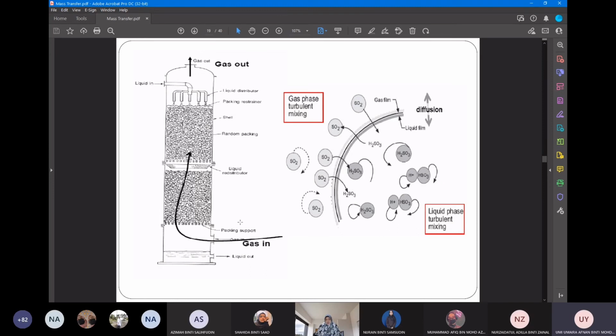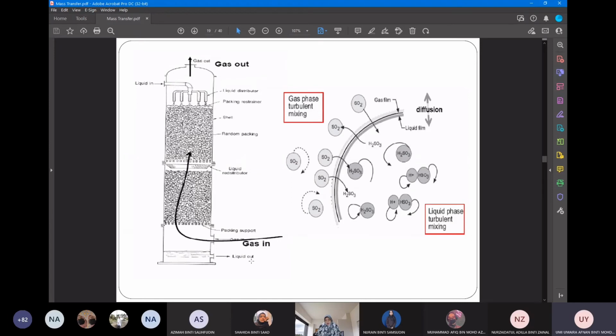When you want to label, this is called the feed gas, the feed gas inlet or feed gas stream. Liquid in is called the solvent stream. The gas out is called the raffinate stream, and the liquid out is called the extract stream.